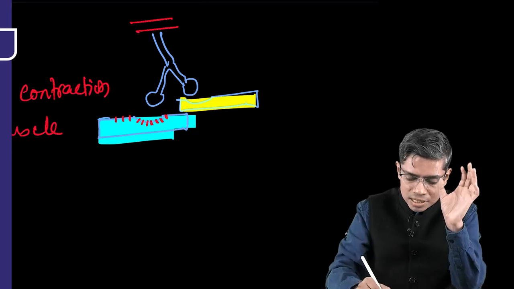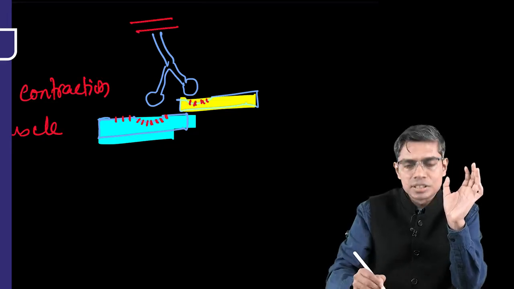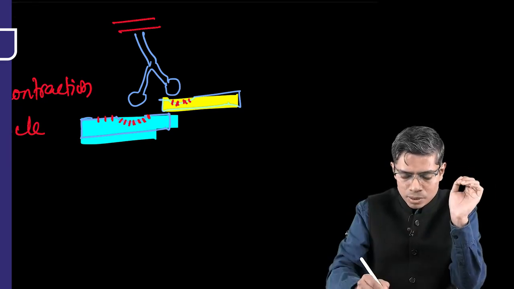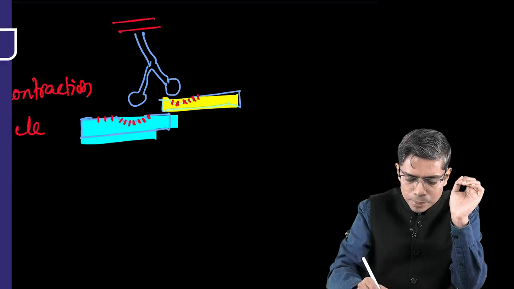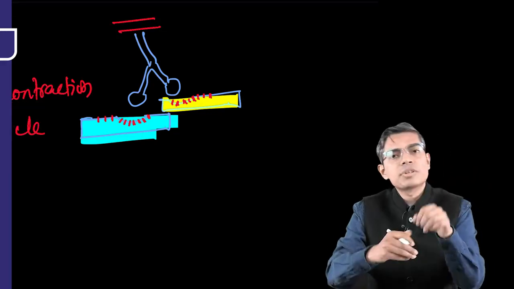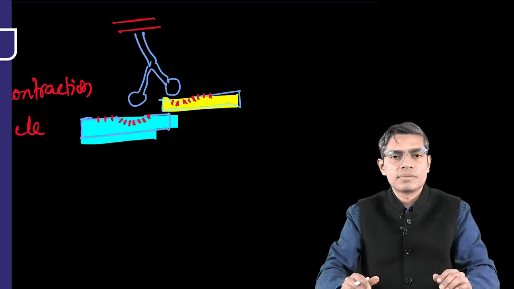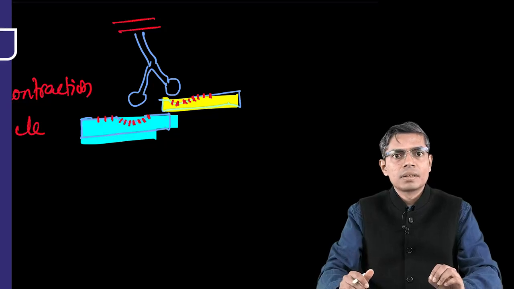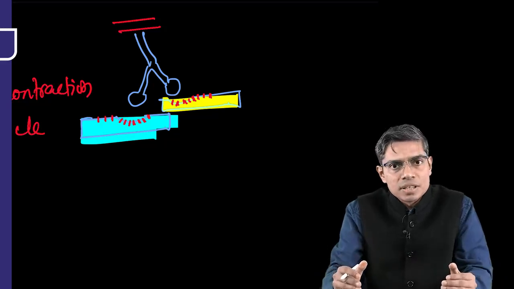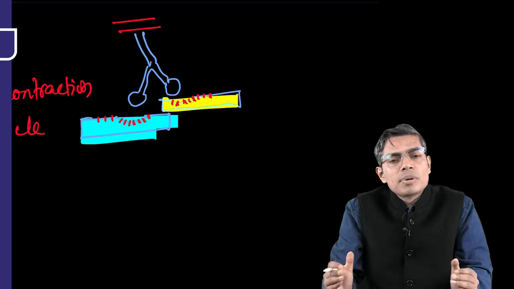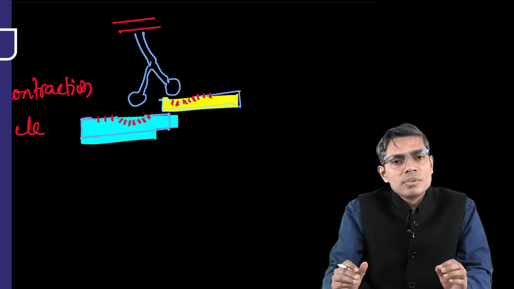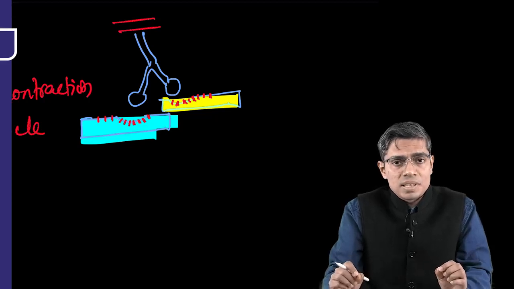Normally, the acetylcholine receptor is only present at the neuromuscular junction. But when the nerve is completely degenerated, the number of acetylcholine receptors will increase, and the receptors will spread throughout the muscle fiber surface. This is known as upregulation of the acetylcholine receptor. Because of this upregulation, the muscle fiber will be more sensitive to acetylcholine.